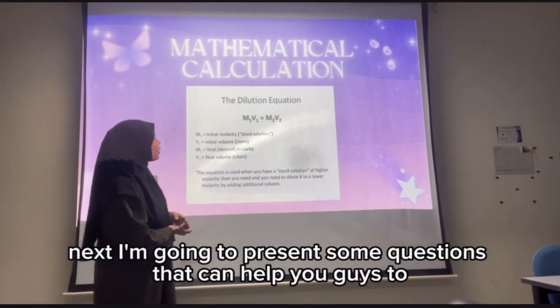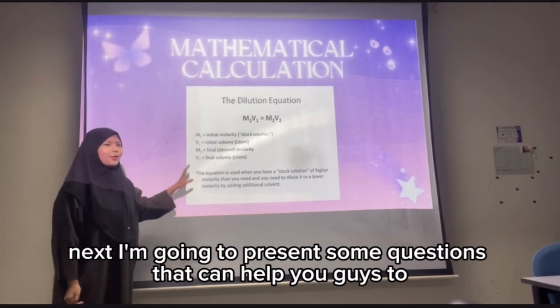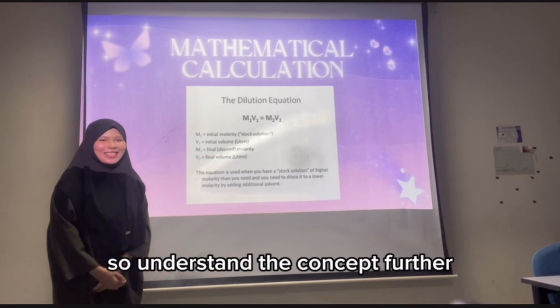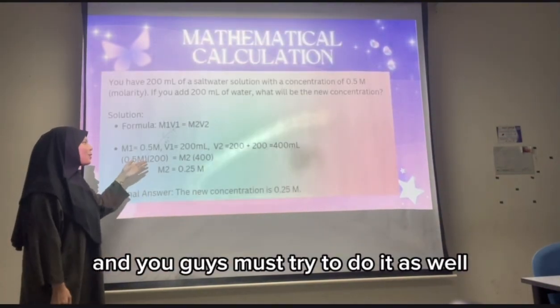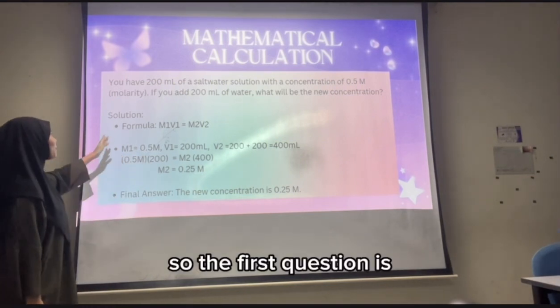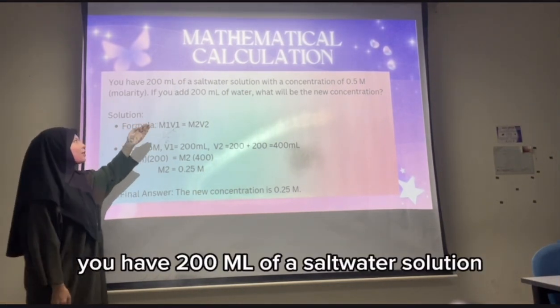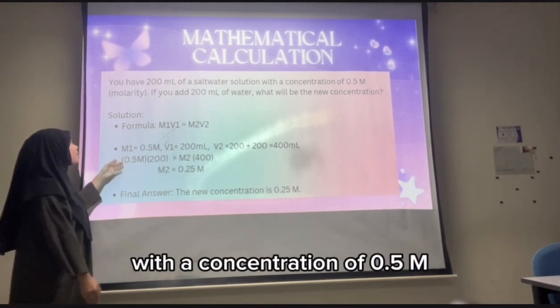Next, I'm going to present some questions that can help you guys to understand the concept further, and you guys must try to do it as well. The first question is, you have 200 ml of a salt water solution with a concentration of 0.5 molarity.